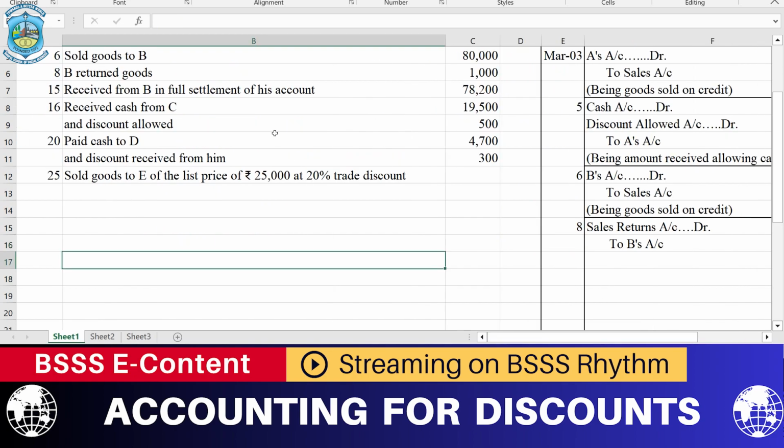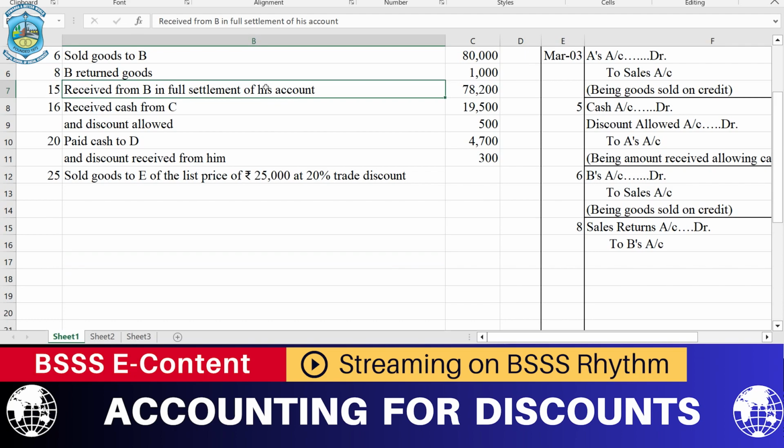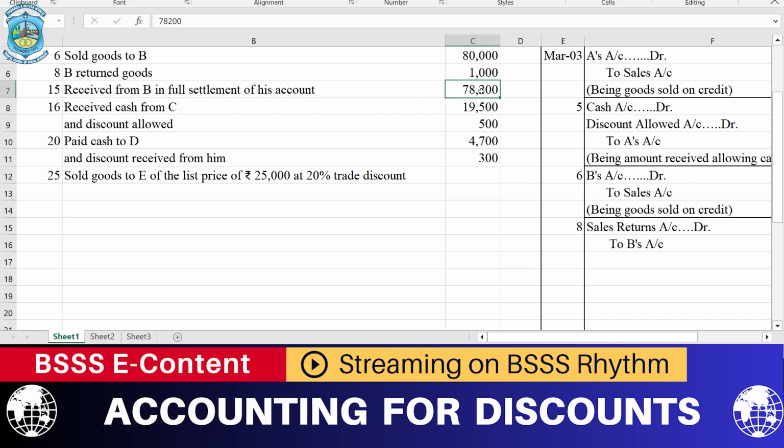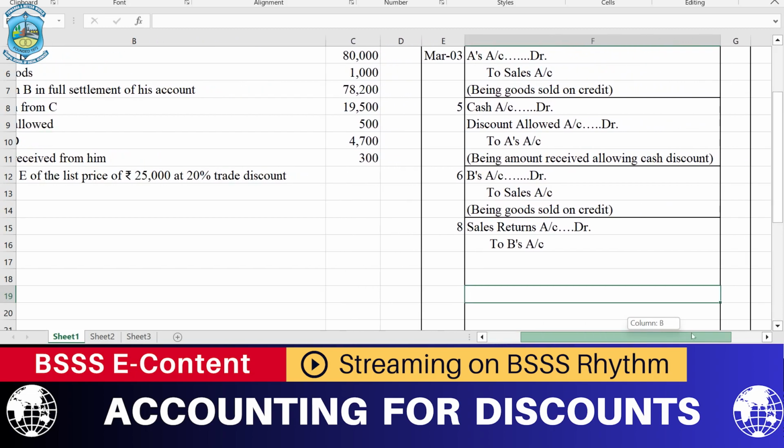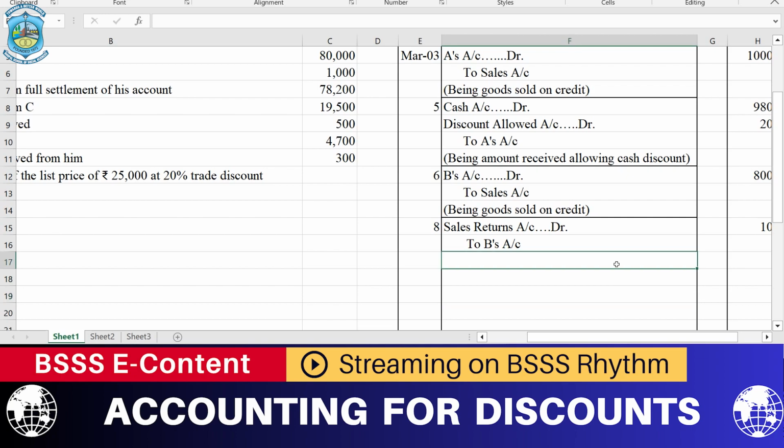The next transaction says, on 15th of March received from B in full settlement of his account only 78,200, right? So, against 79,000 we have received only 78,200.